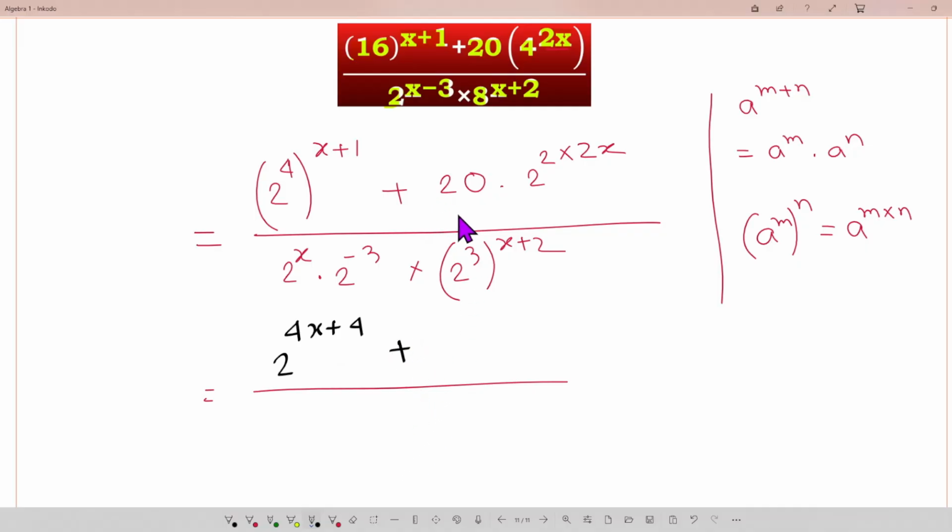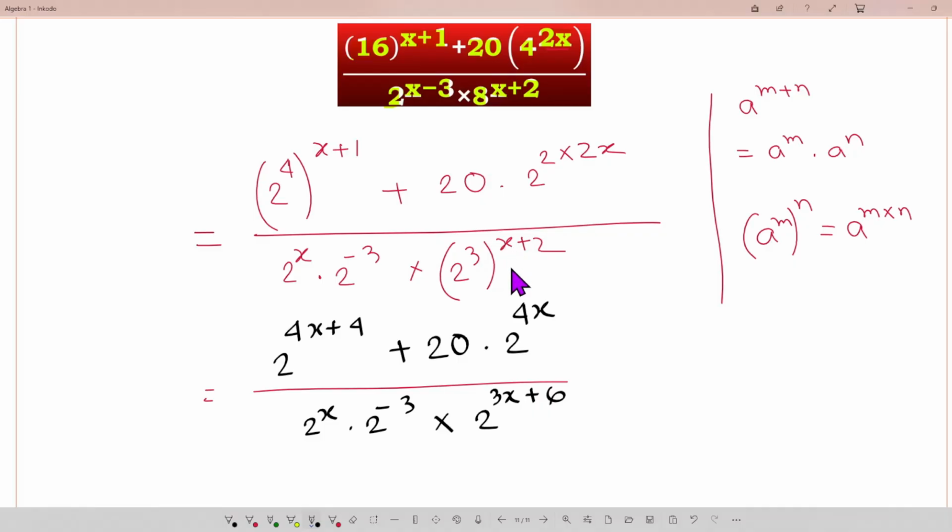plus here is 20 times, this one we can write 2 to the power 4x, and here is 2 to the power x times 2 to the power minus 3 times, here we can write 2 to the power 3x plus 6, right?